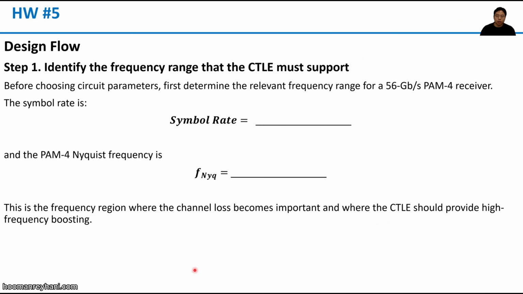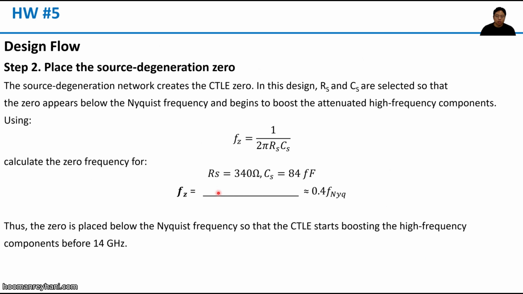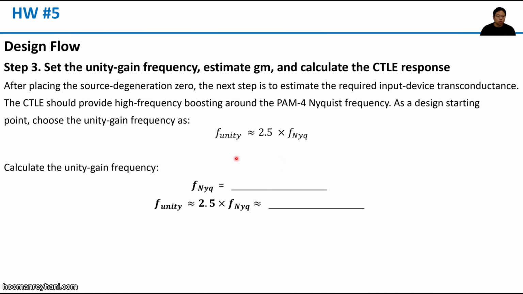Here you have kind of trivial questions about the symbol rate and the Nyquist frequency of PAM4 data. And since the source degeneration network is given, meaning that we already have the RS and the CS values provided, we can calculate the zero frequency according to this equation. And we choose the unity gain frequency, targeting sufficiently high frequency such that the output bandwidth is not limited by the GM device itself.